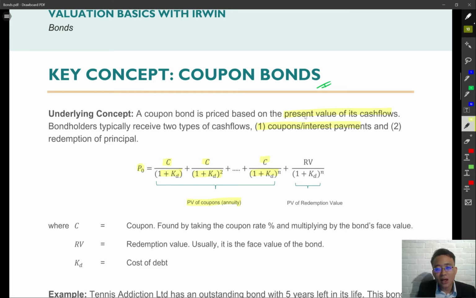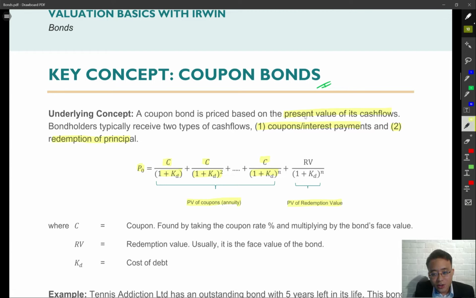The second cash flow within a bond is, if you see number 2 here, the redemption of principal, bond maturity. So when your bond matures, you can get back your principal, so to speak. But in a bond, they do not call it principal, they call it your redemption value.